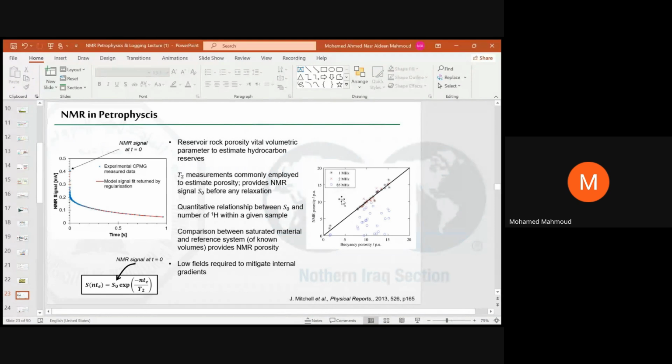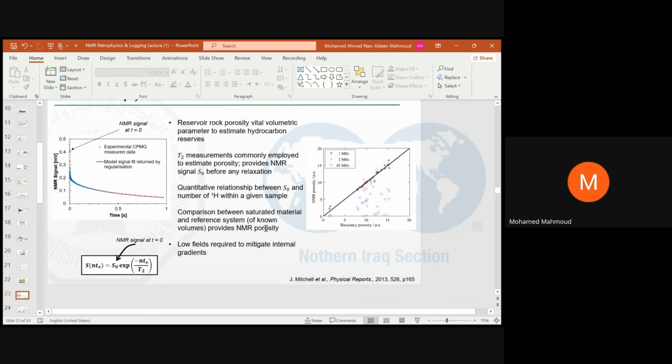Having a higher magnetic field, for example, like 85, we have deviation. At 2 megahertz, also we have a very good fit. Again, this tells us that the frequency of the tool itself will impact the porosity determination. So this is why the lab tool and field tool are 2 megahertz and less.